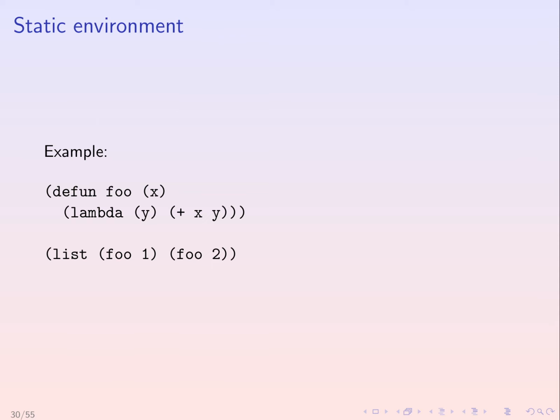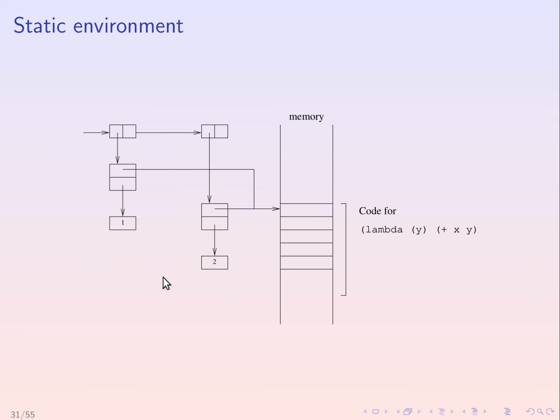So if we look at this example here, we have the function foo. If it's called, it will return an anonymous function defined by this lambda here, and it closes over the variable x. So if we execute this expression here, list foo1, foo2, what we end up with is a situation sort of like this, where the list is up here.